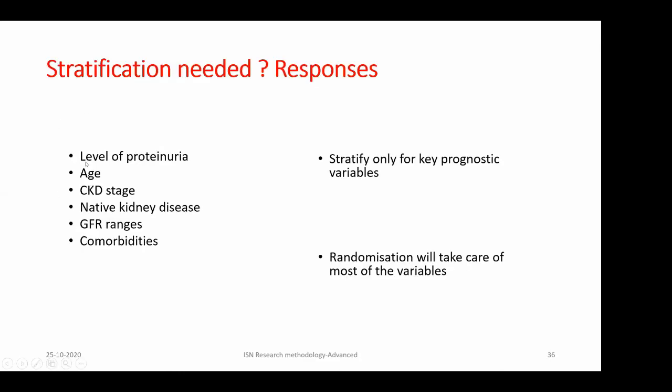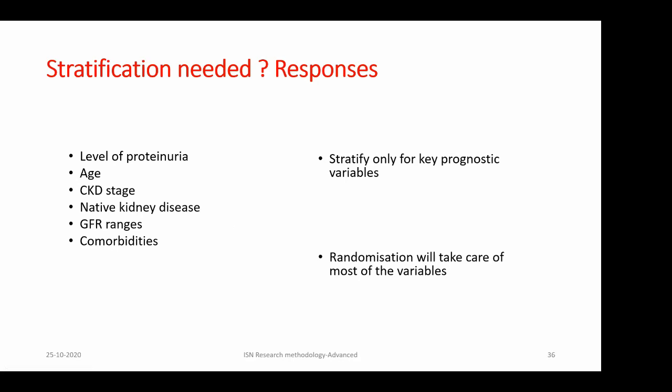Now, stratification needed. These were the responses: level of proteinuria, age, CKD stage, native kidney disease, glomerular filtration ranges, comorbidities. One thing we need to keep in mind is that we need not stratify for every variable which is going to be included in the study. Stratify only the key prognostic variable, and keep in mind that the more the strata, the greater will be the imbalance. For certain variables like level of proteinuria, age, native kidney disease, CKD stage, GFR range, comorbidities, we can assume that randomization will take care of most of them.